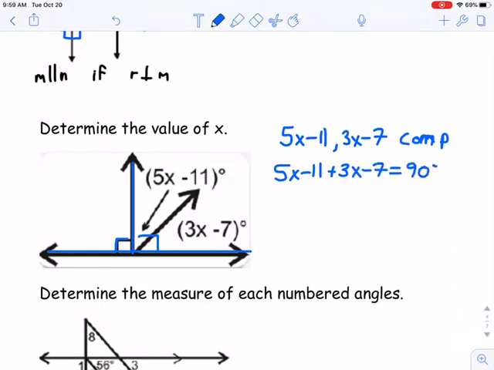All right, and again, this is a huge punchline because once I can get this far, I got 5x plus 3x, 8x, negative 11 minus 7, negative 18. Add 18 to both sides. I'm going to get 8x equals 108. And then I'm going to divide both sides by 8.